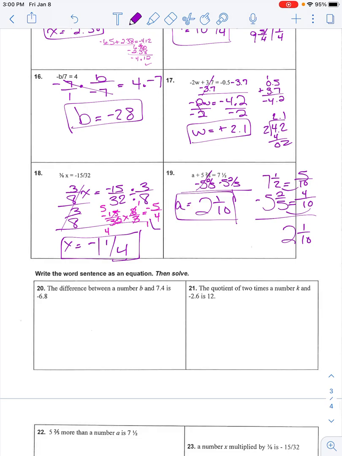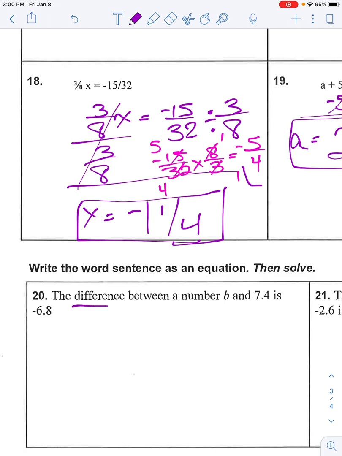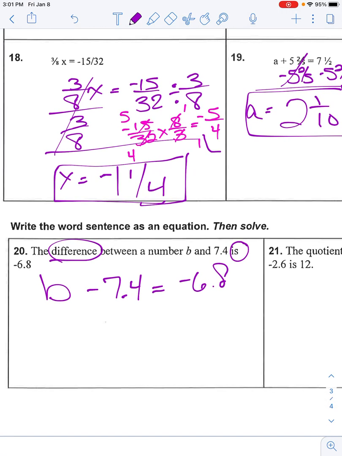Okay, starting with the next section. We're going to write the word sentence as an equation, then solve. Okay, so look for those clue words. The difference means we're subtracting between B and 7.4. The difference between B and 7.4 is a negative 6.8. So you're going to get a point for correctly writing the expression, and then another point for solving it correctly.